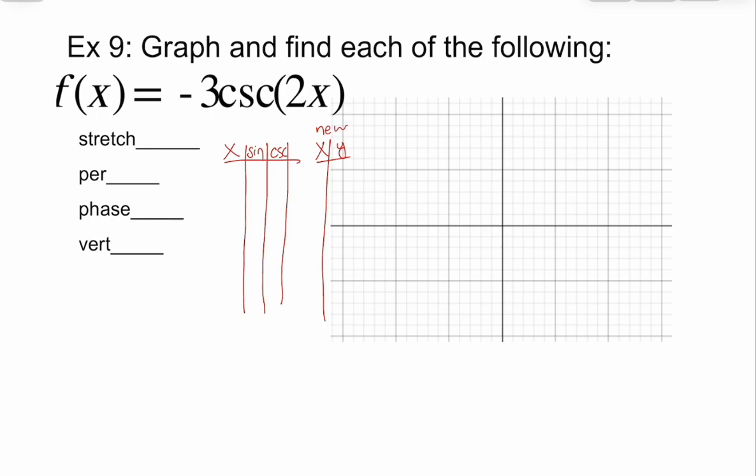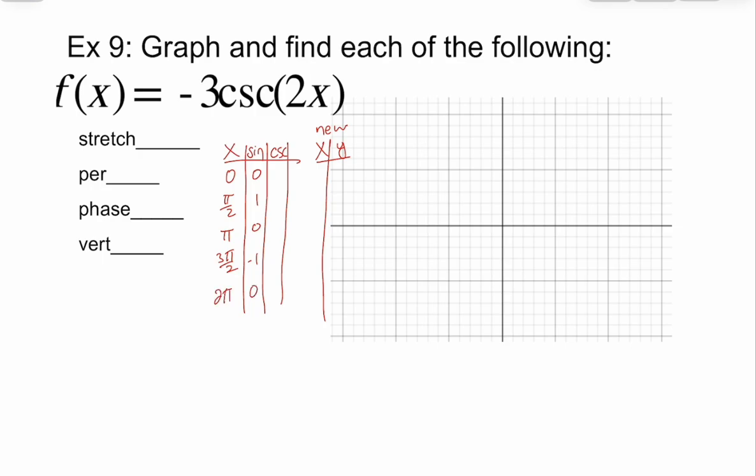So let's just fill in the original, the parent function for these. At 0, the sine is at 0. At pi over 2, it's at 1. At pi, it's back to 0. At 3 pi over 2, it is at negative 1. And at 2 pi is at 0.